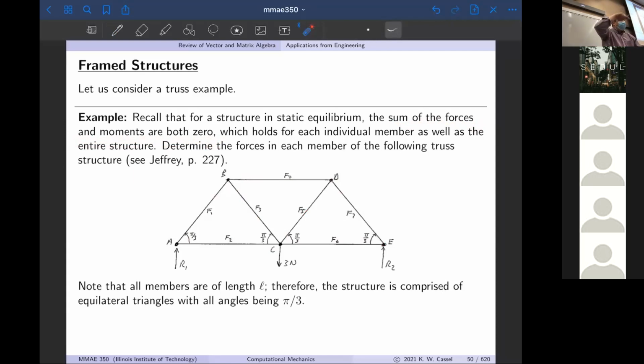It's not, so they have to sum to 0. And the forces all have to sum to 0. Otherwise, it would be moving. So we can apply those principles, zero forces, zero moments, to individual pieces of the truss or the entire truss as a whole. The way you analyze these to begin with is you have these reaction forces.